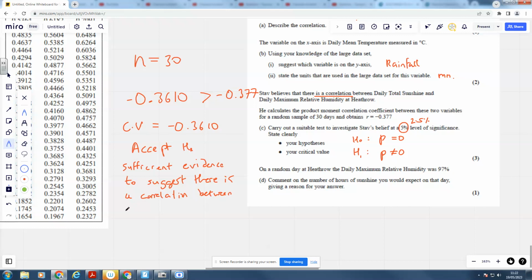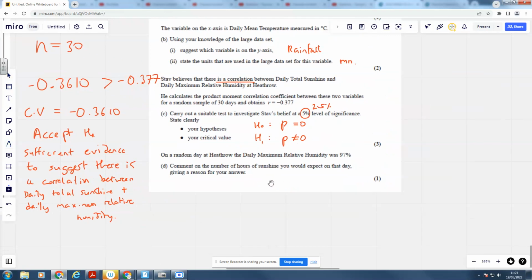Daily total sunshine and daily maximum relative humidity. Cool. Brilliant. Okay, right, there we go.